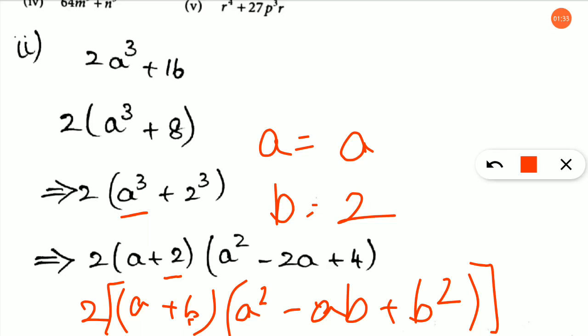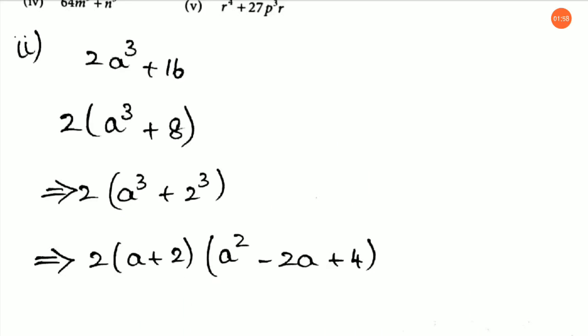And then a square, value of a square is a power 2, and then minus a into b. A into b is a into 2 will give us 2a. So minus 2a plus b square. B square is 2 power 2, so it is written as 4. So the factors are a plus 2, a square minus 2a plus 4. These are the factors of the given question.